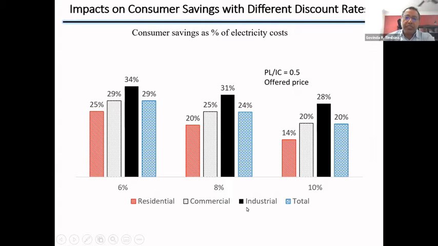We also did a sensitivity on the discount rate, which was 6% in the main case. Then we also considered 8% and 10%. Obviously, if the discount rate goes up, the benefit goes down, from 25% to 40%, from 29% to 20% on average.